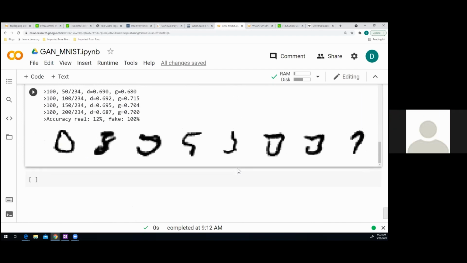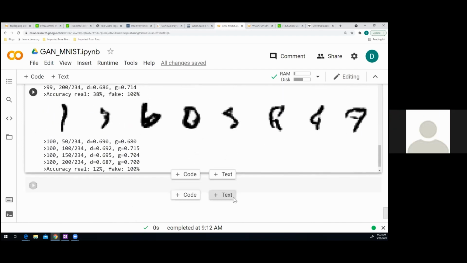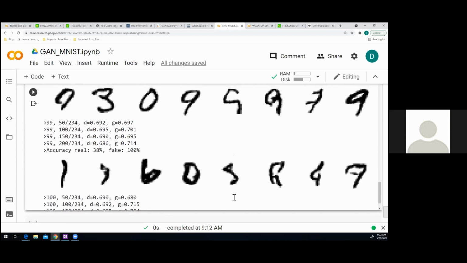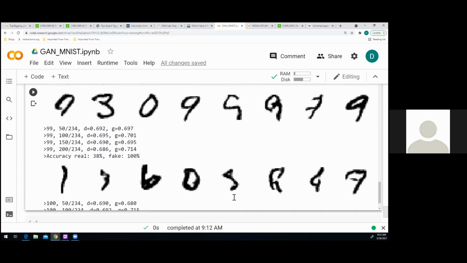I have a question. How come the generator does not find a digit like 0, which is simpler than, for example, 7, and just only generate zeros? Good question. In fact, that can happen, and that's called mode collapse, which I'm going to talk about next.